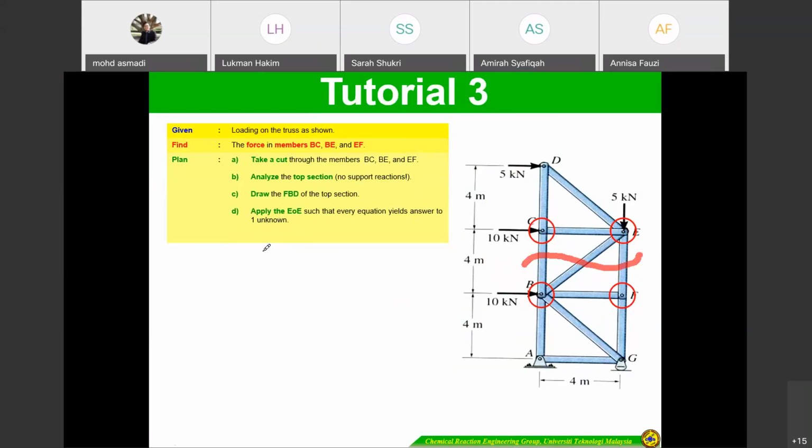If you look here, this is the cut section. So this one is 5 kilonewton, and this one is the arrow.